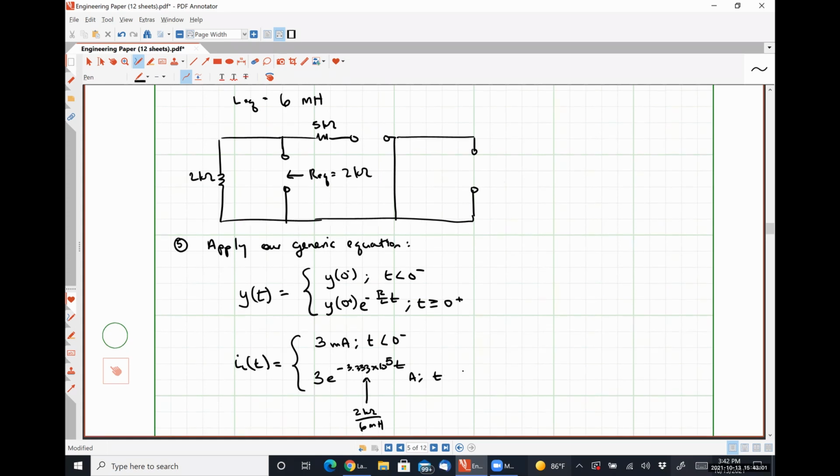T greater than or equal to 0. Okay. Yes, milliamps, thank you. Thank you very much for correcting me. All right.